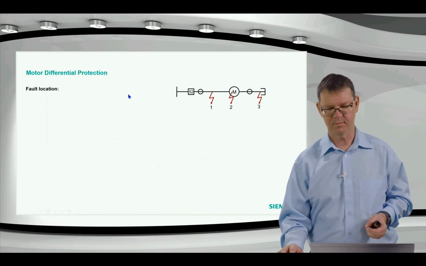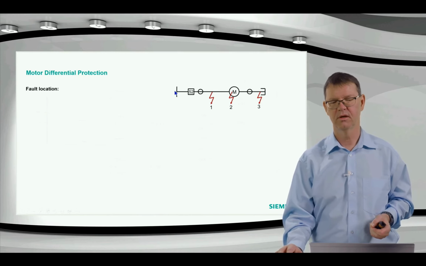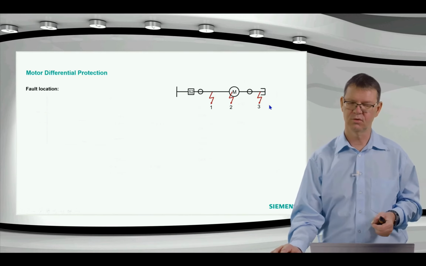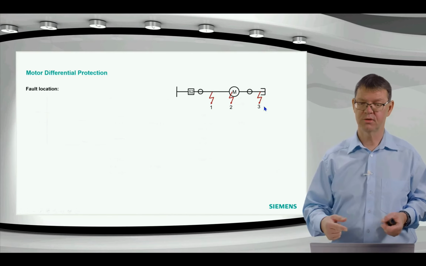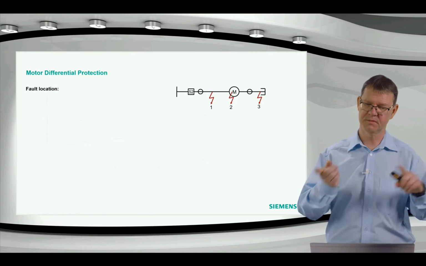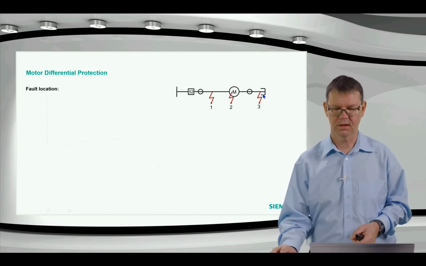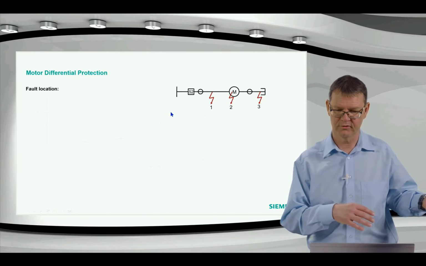But if there's the power supply from the left, I will not see some current if there's a fault in front, because the fault current goes into the fault and I don't measure much current on that side. The only exception is if the motor feeds back to that fault, if the motor is running, then I get also a short current going into that fault in front of the motor.